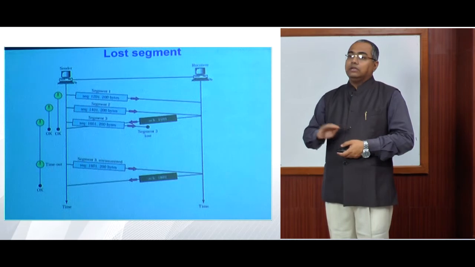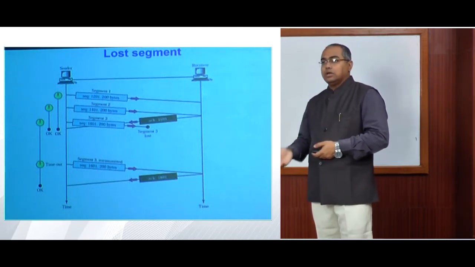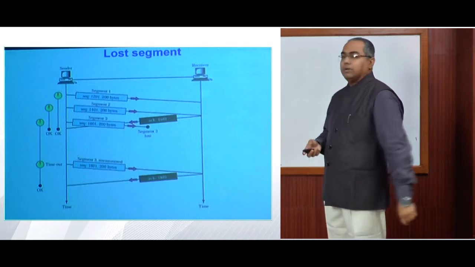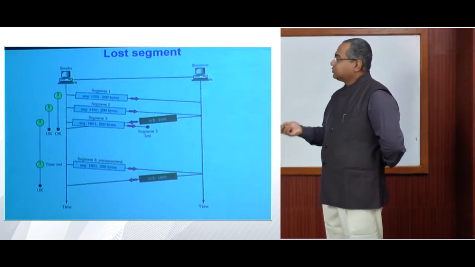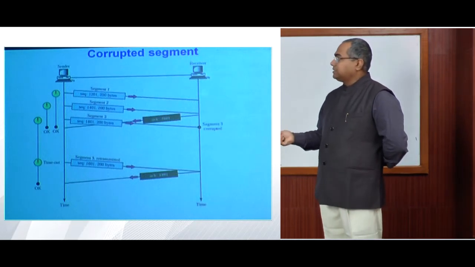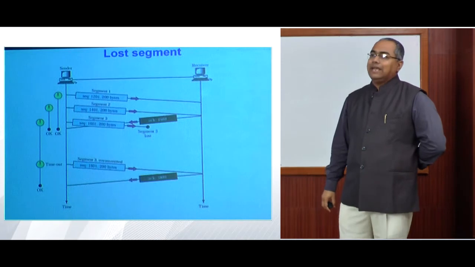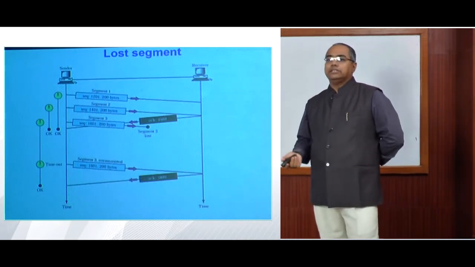Till then it will keep on retransmitting until the receiver receives it properly. So this was the second case. I hope by this time we have understood that the corrupted segment and the lost segment are dealt with in exactly the same manner by TCP.